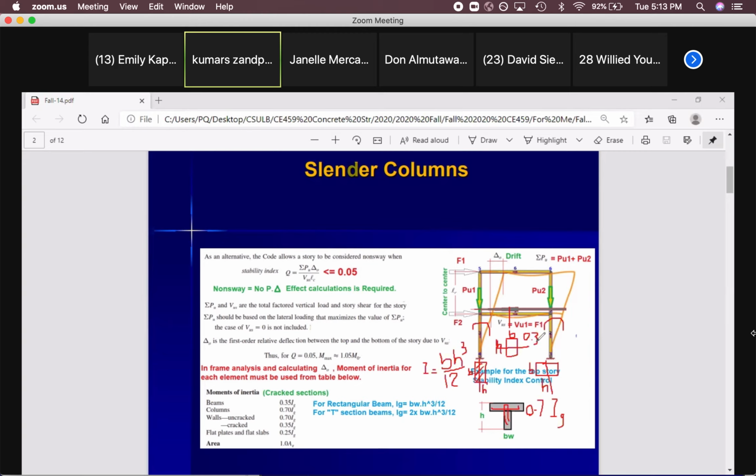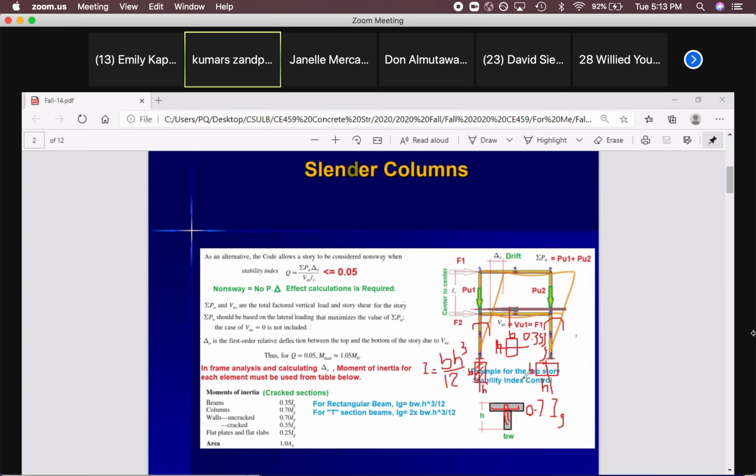So IG will stay the same. That's important for rectangular: 35% of IG. IG is the rectangular shape for both of them. This one is 70%, double of that, because the T flange will be added to the moment of inertia in that case.